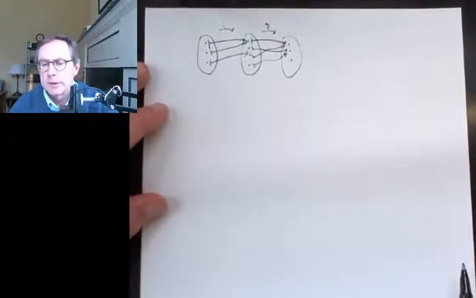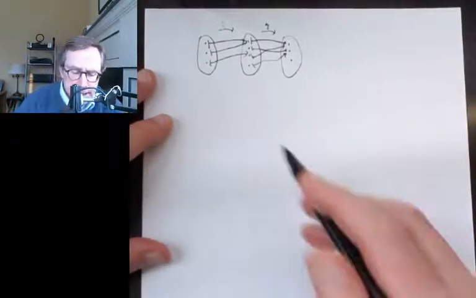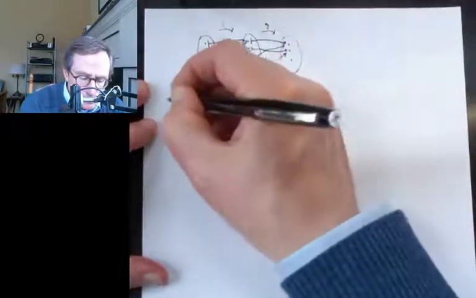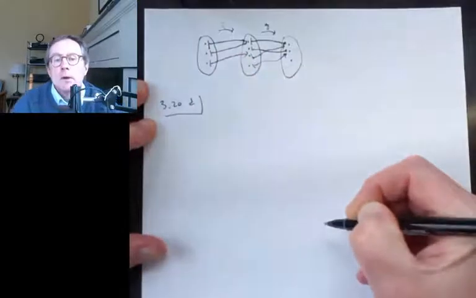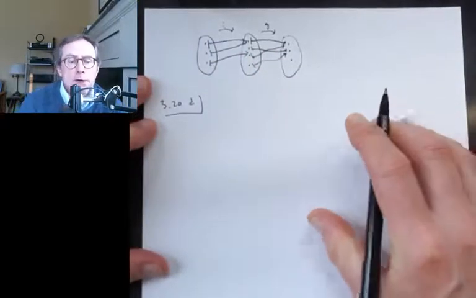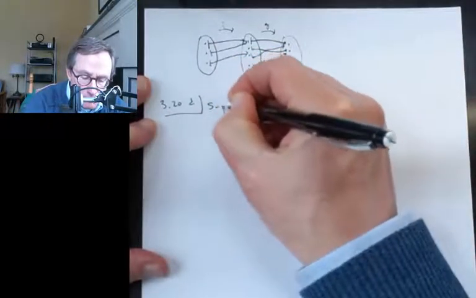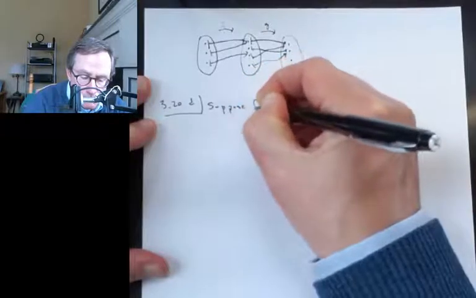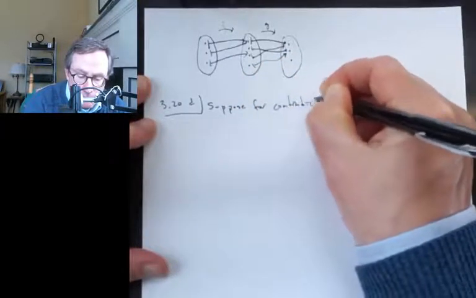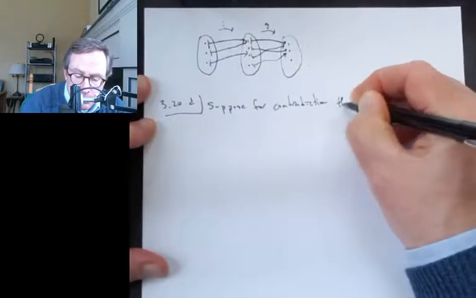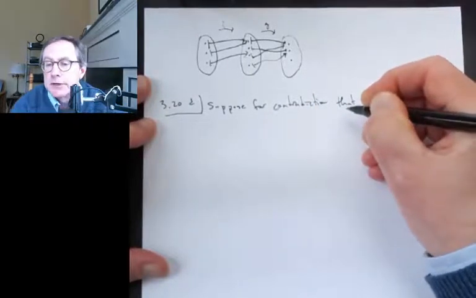So the question is 3.20D. All right, I'm going to suppose for contradiction that G is not onto.